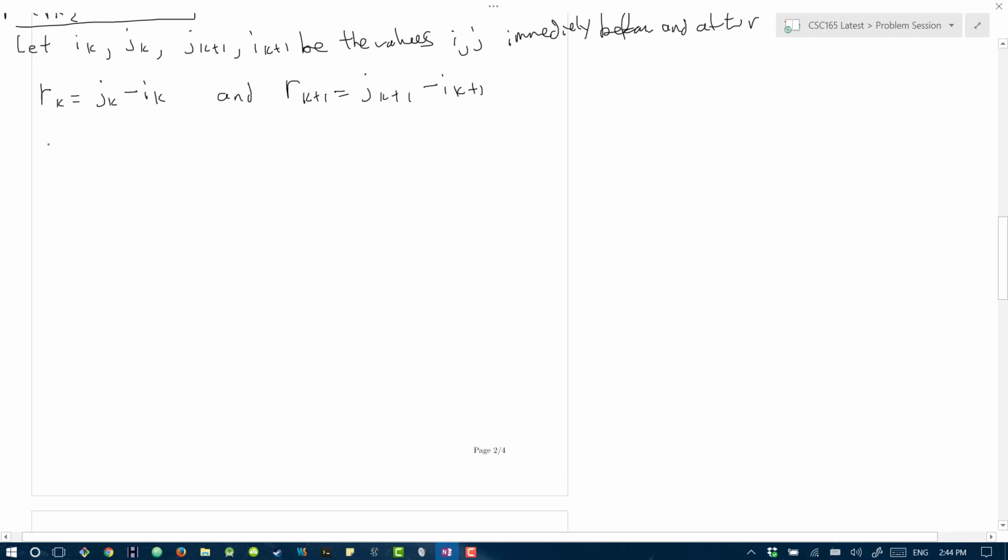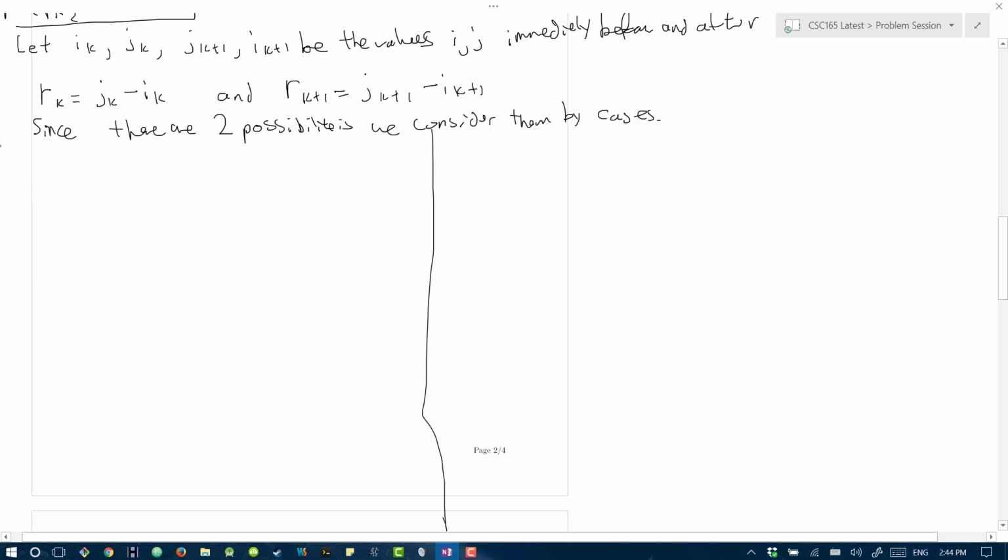Since there are two possibilities, we consider them by cases. Okay, so case 1, and we'll just divide this right down there.